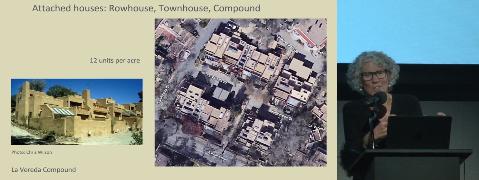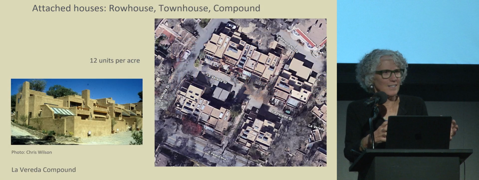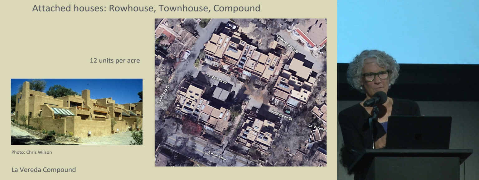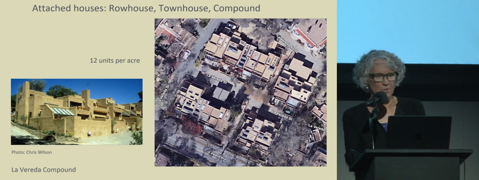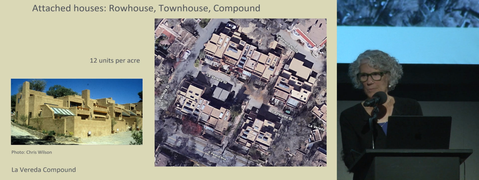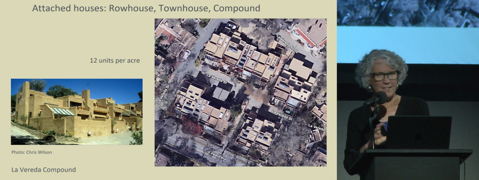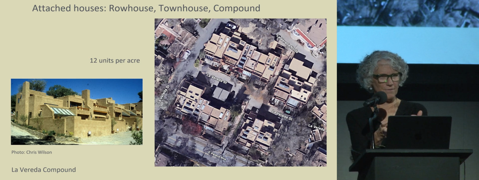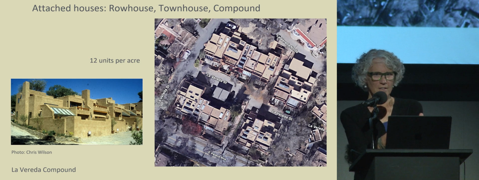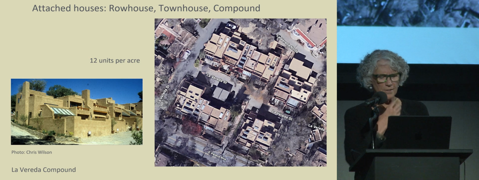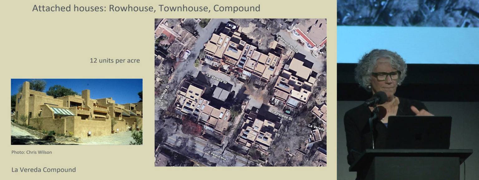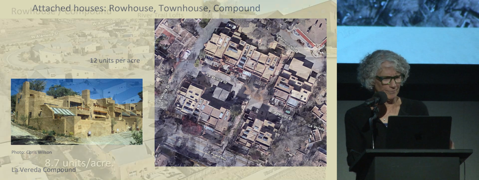And then attaching units together where you share common walls, that just is even more space efficient in terms of maximizing a developable lot. And there are just versions of them all over the country that are quite lovely. And Chris Wilson last month showed a wonderful example here that kind of takes the row house and sort of turns it into itself and creates a courthouse. So it's like row houses around a courtyard, which is a really wonderful, Santa Fe way to do it.